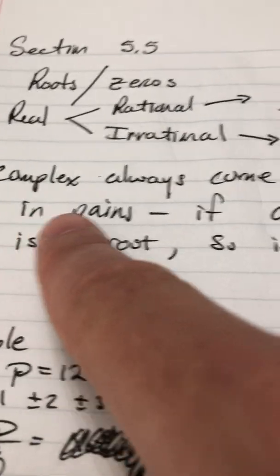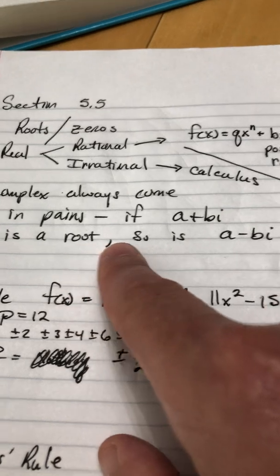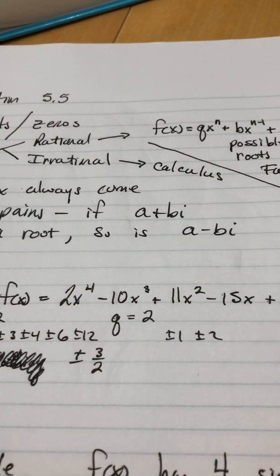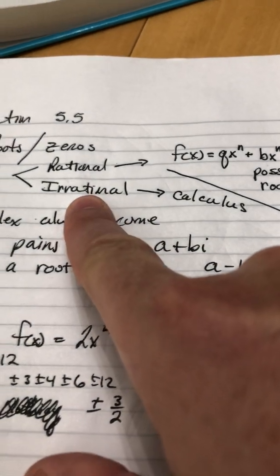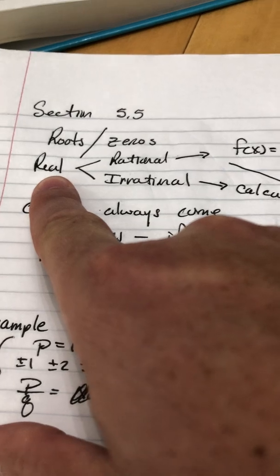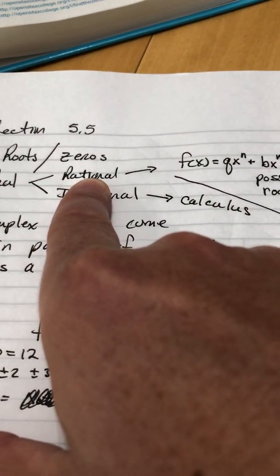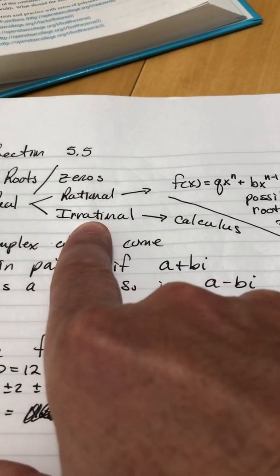So if a plus bi is a root, then so is a minus bi. Now, if you are dealing with real roots, you either have rational roots like 3 or 4 or 2/3 or 7/10, or irrational roots.